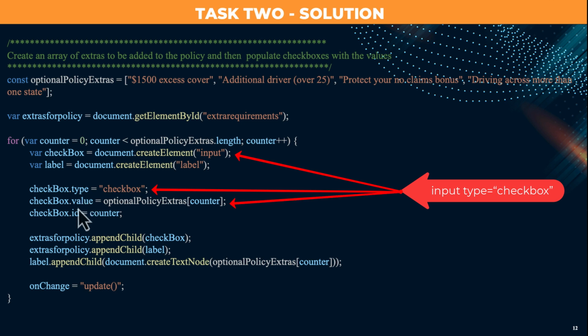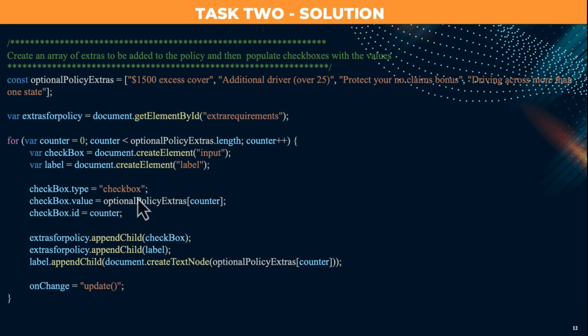And then we want to set the value. So we want to set the value of this checkbox to be optional policy extras 0, which would be the 1500 excess cover. And obviously as we iterate the array, that will change to the next one, etc. So this is the way in which we are creating the checkbox and the data that goes with it, or the text that goes with it.